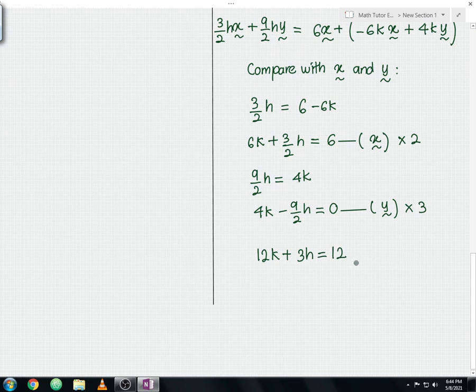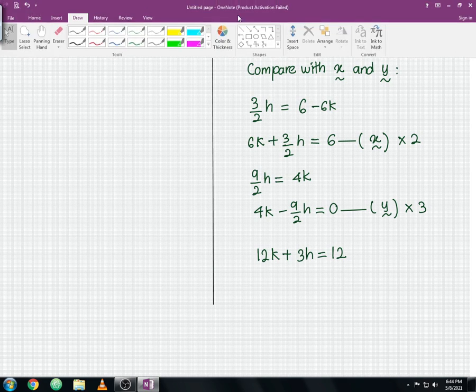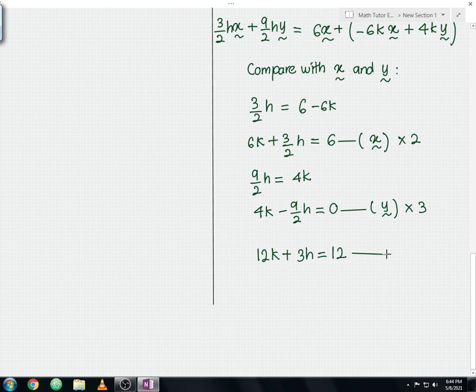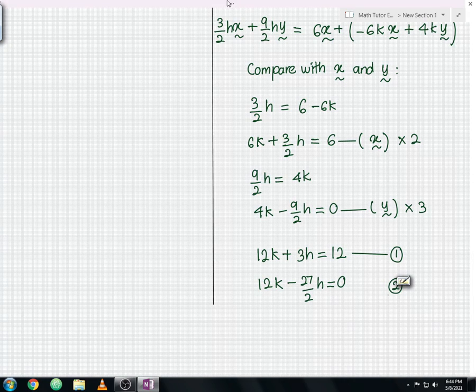Let me label this as equation 1. Now continue with the y component: 12k minus with 27 over 2h equals to 0. So this is your second equation. Let me label this.